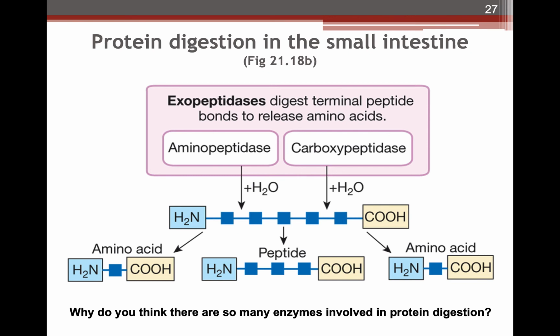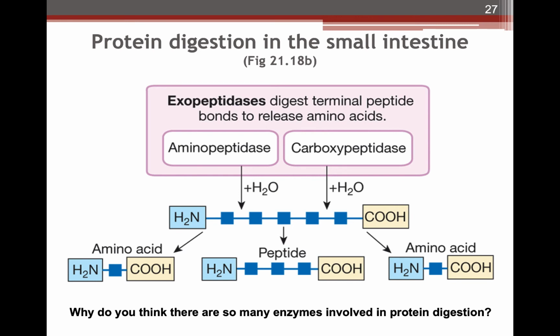And so to efficiently break down these massive molecules, and a lot of them, we need a group of endopeptidases breaking peptide bonds in the interior, and we need a category of enzymes called exopeptidases, which clip off single amino acids from the ends of these proteins that we eat. It's a team effort. It makes things much more efficient.